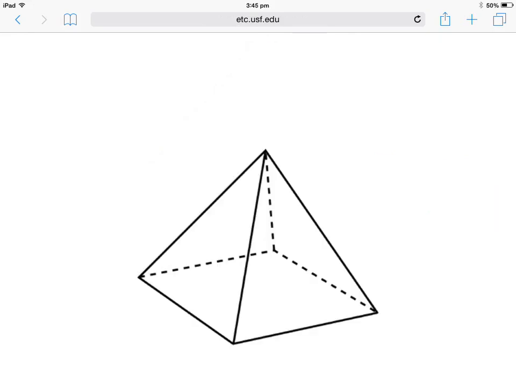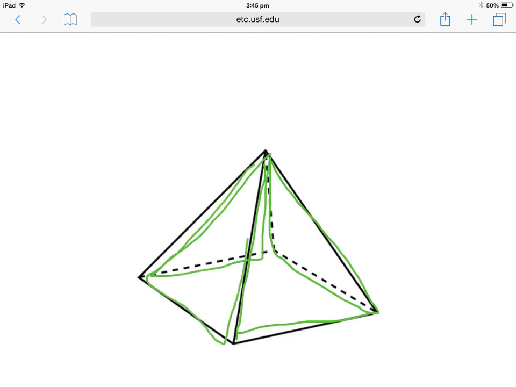Finally, let's compare and identify this 3D shape. This 3D shape is a square-based pyramid. A square-based pyramid has 4 side faces. The 4 side faces are triangles. There's 1, there's 2, there's 3, and there's 4.